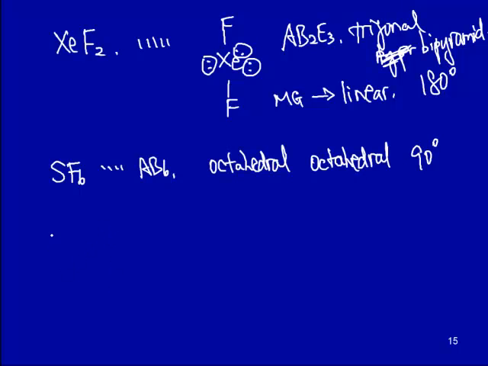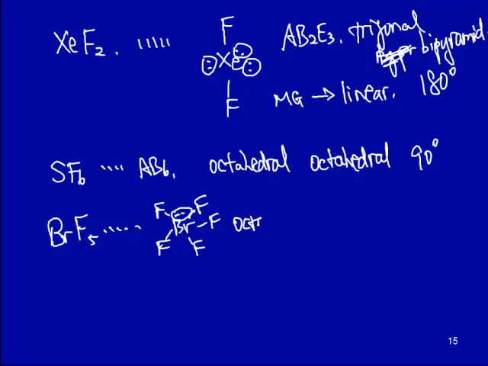But if we go into BrF5, you will see this one will be Br, F, F, F, F, F. Now we have a pair of electrons on that. In terms of electron group geometry, it is octahedral because we still have 6.